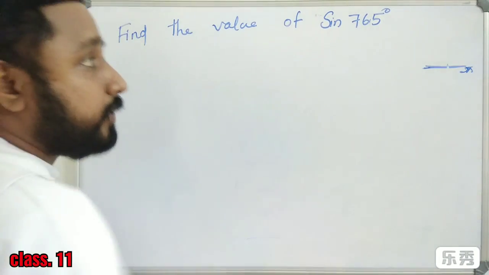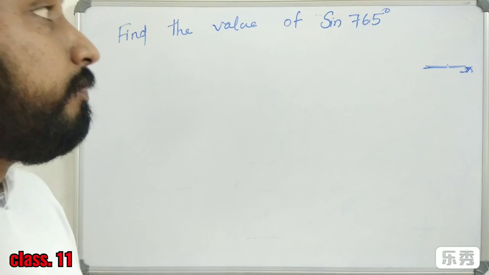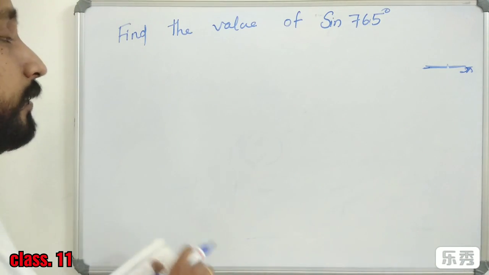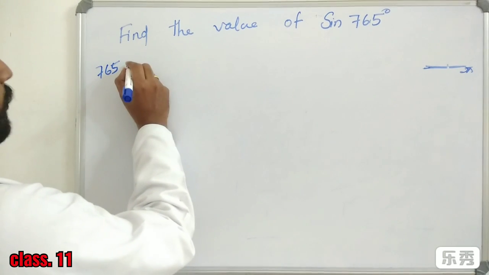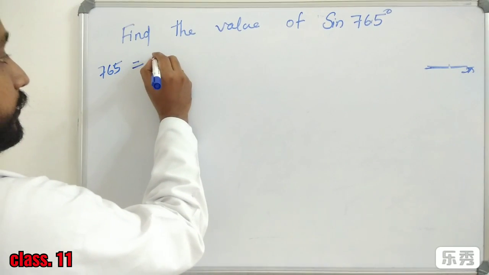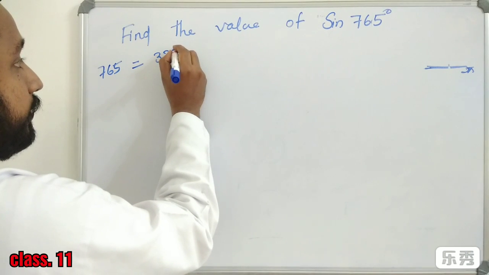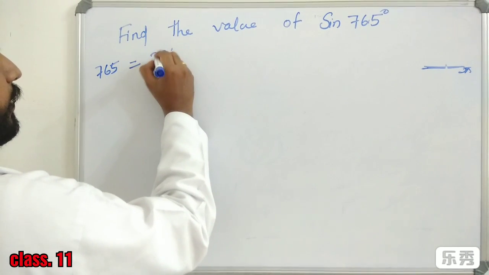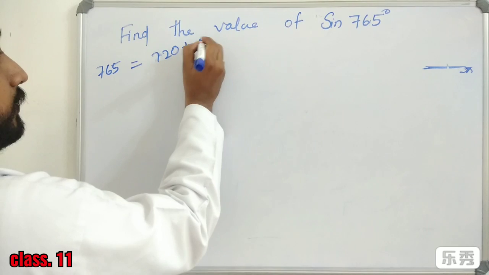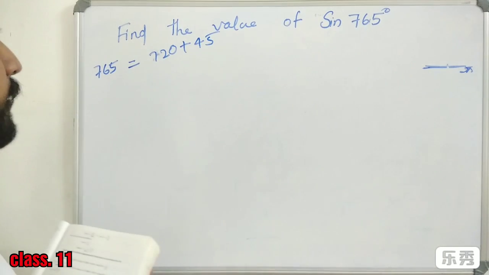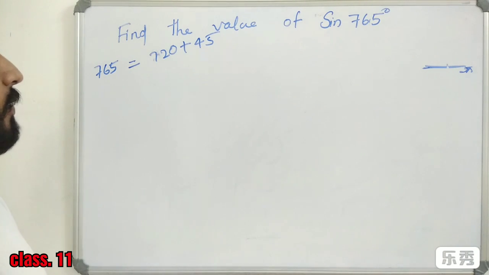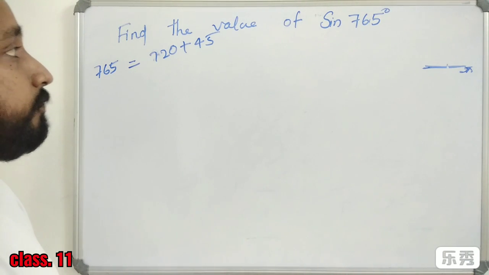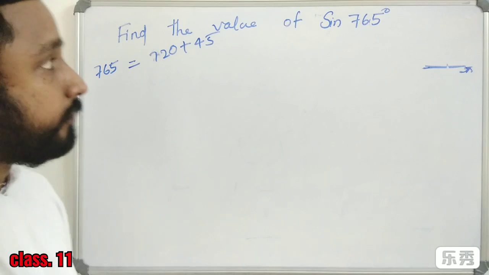So for sin 765, instead of 765 I am going to write 720 plus 45, isn't it? 720 plus 45 is equal to 765.